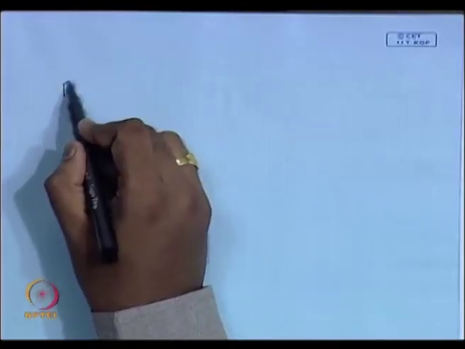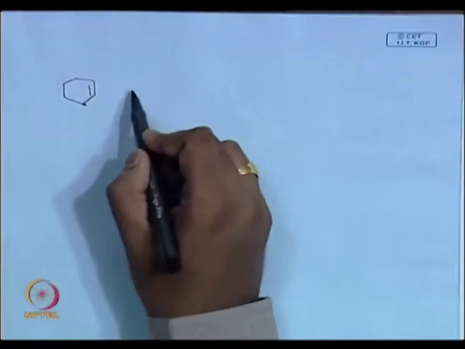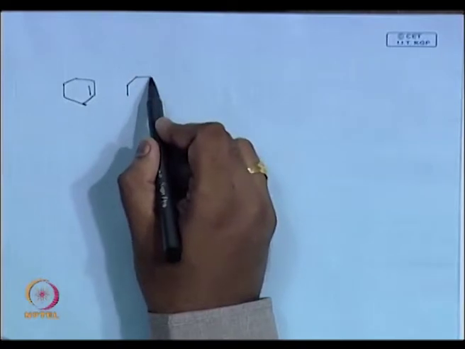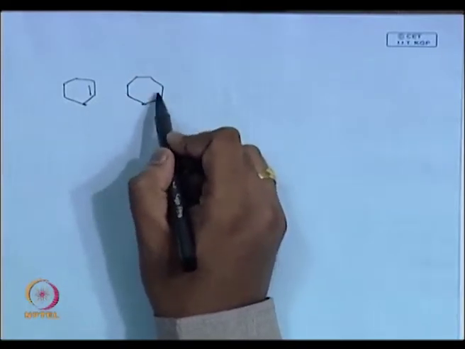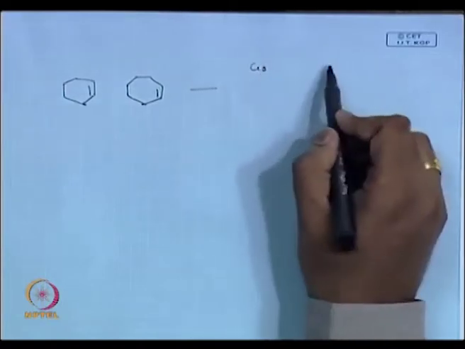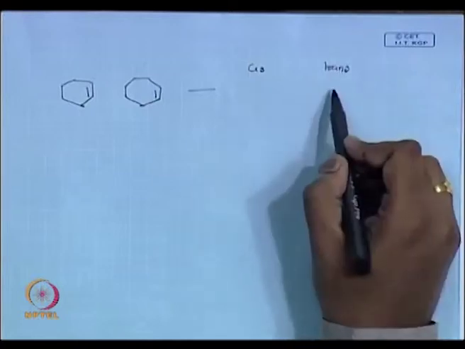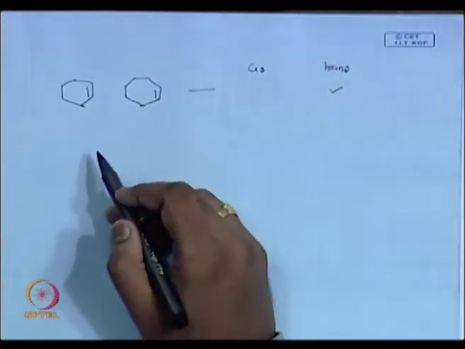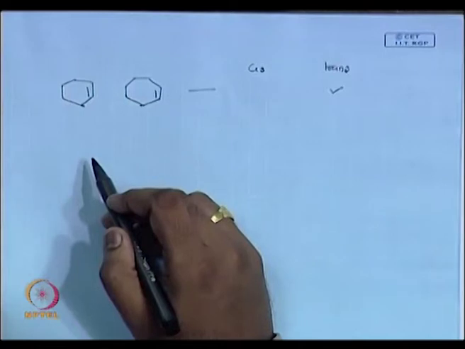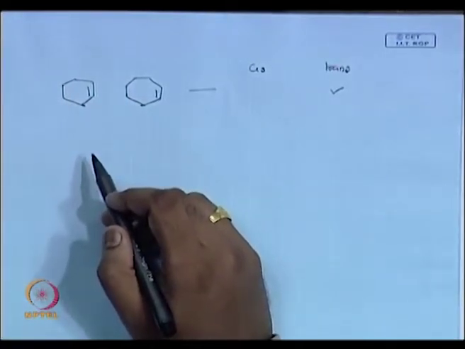Then we can get into cyclohexene, that is 6 membered, as well as 7 membered. Yeah, cis is always there. Trans you can get.